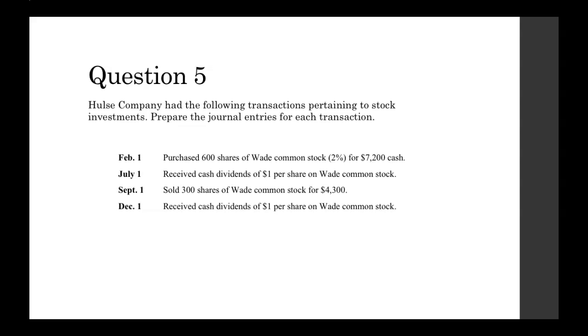That 2% tells you that you own 2% of Wade Company. So, we are well within the cost method for these stock investments. Then on July 1st, you received some cash dividends. On September 1st, you sold some of that stock. And then in December, you received more cash dividends.